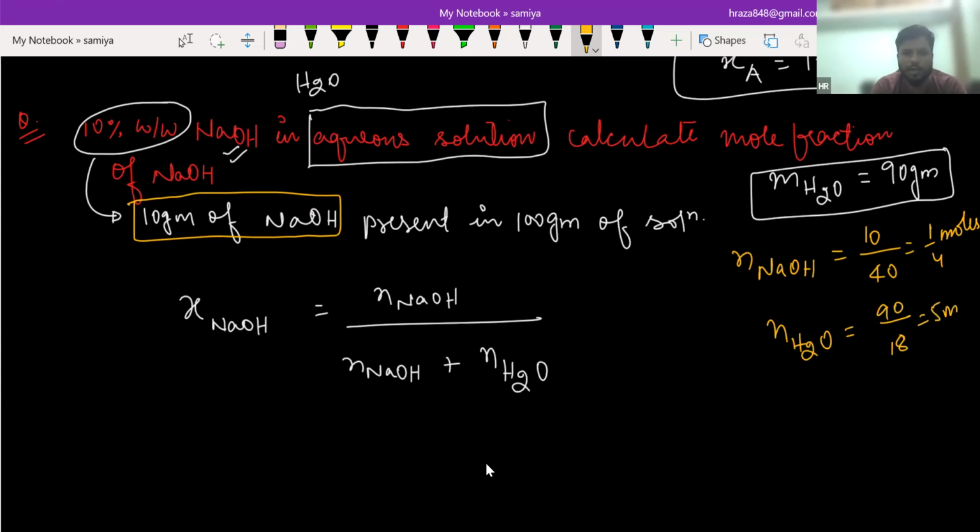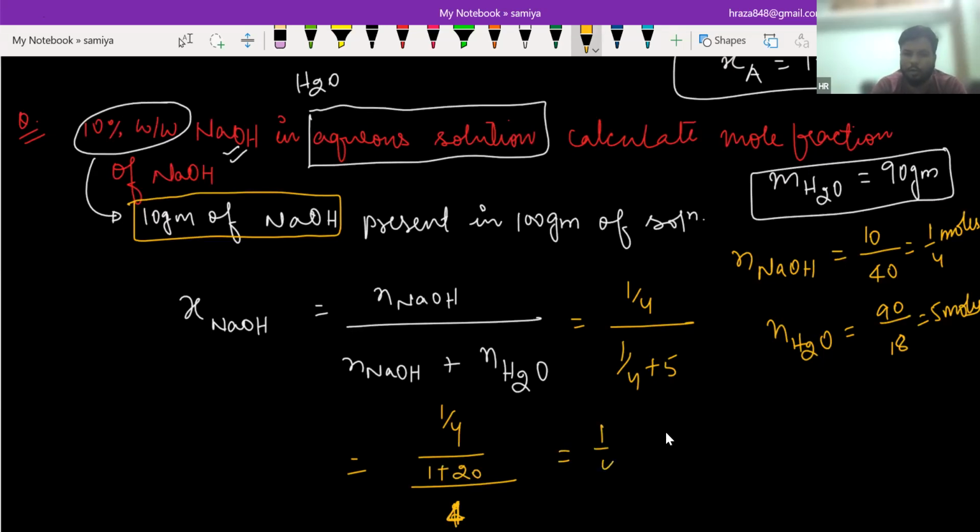So it will be 5 moles. Again, number of moles of NaOH is 1 by 4, plus 5. The LCM is 4, and 5 times 4 is 20, so it will be 1 by 4 into 4 upon 21.